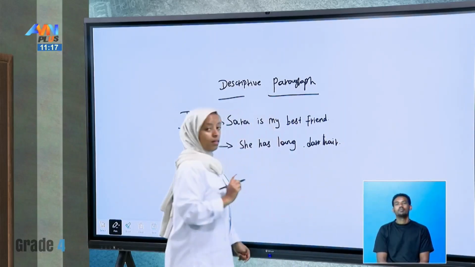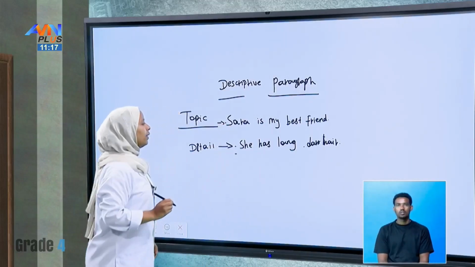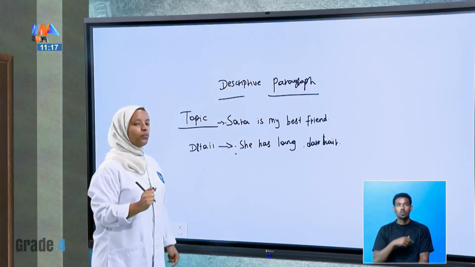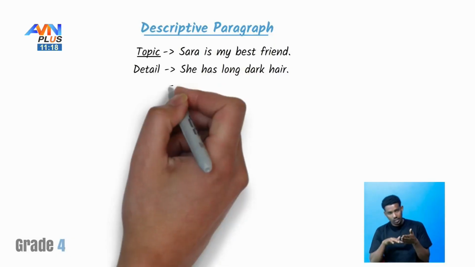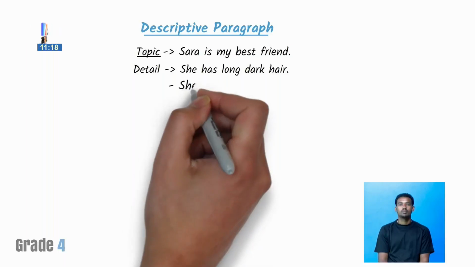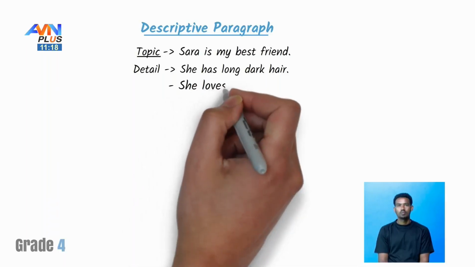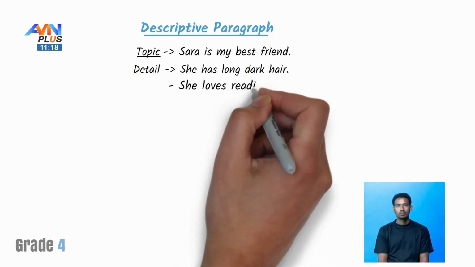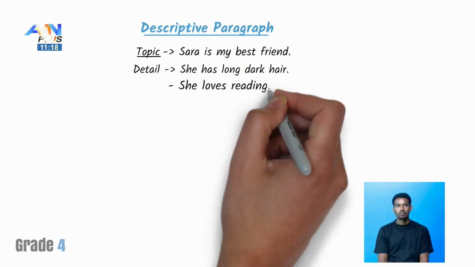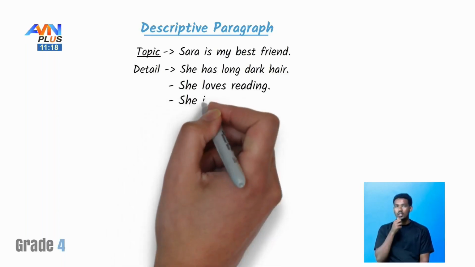This is one sentence. And we can say, she loves reading. And also, let us say, she is a clever student.